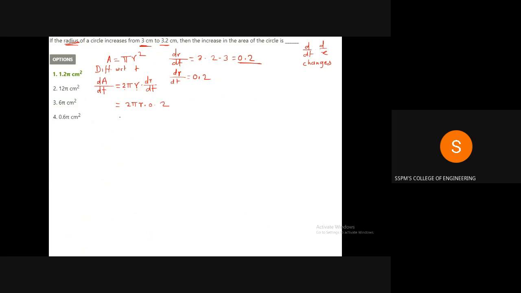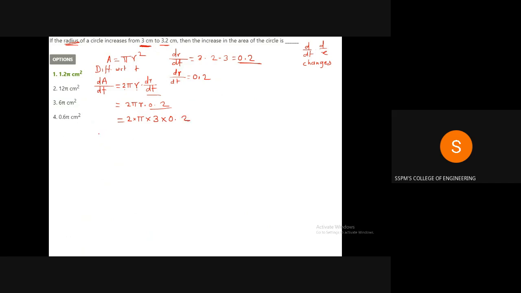Therefore, the base radius was 3 centimeter. So we can write 2 into pi into r, and we put the value of r, that is 3. The change dr by dt was 0.2, and the actual radius was 3 centimeter. So dA by dt is equal to 2 pi into 3 into 0.2.